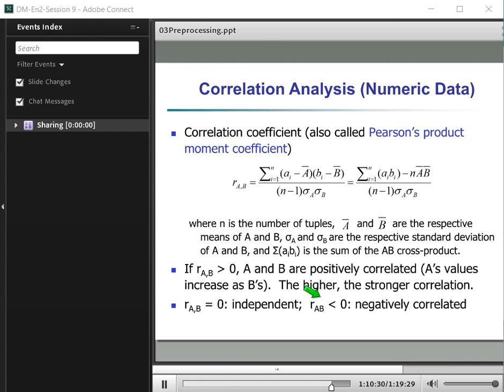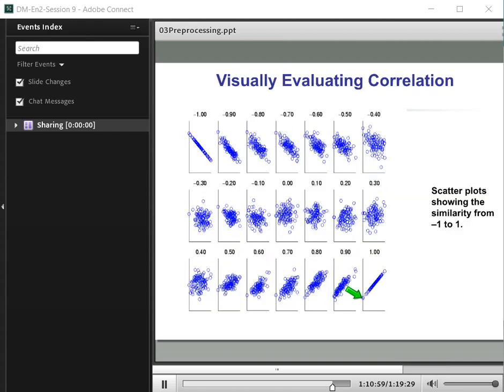As we discussed in chapter 2, positive correlation means that if A values increase, the B values are increased too. A is increased, B is increased too. This is a positive correlation. In negative correlation, when A values increase, B values decrease.